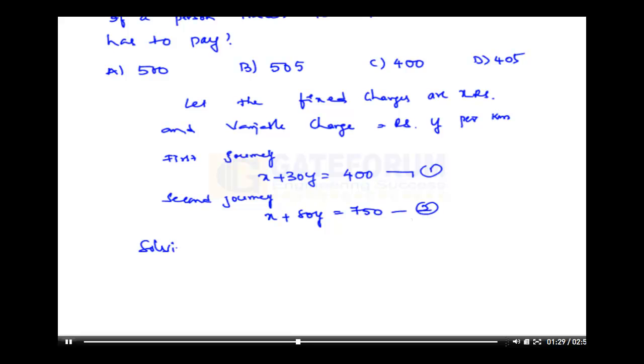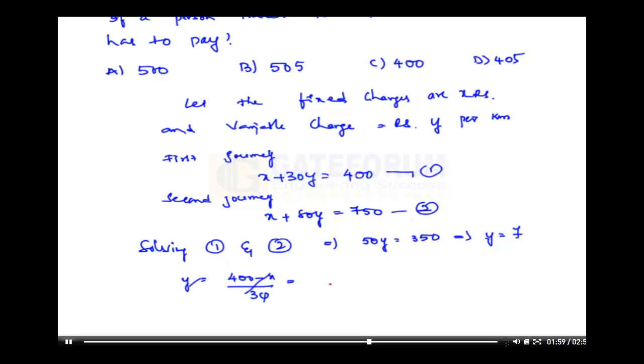Now solving 1 and 2, we'll get 50y is equal to 350 rupees, nothing but y is equal to 7. From equation 1 or 2, we can take either; we require the x value here.